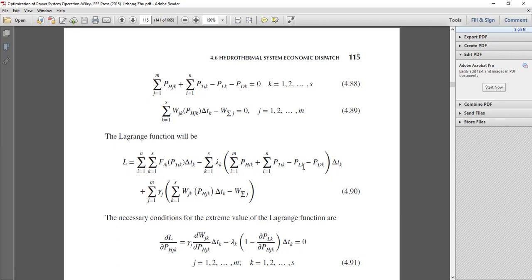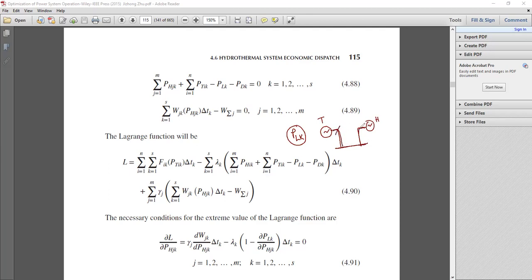And remember the PLk. This is one thing that I should mention here. PLk, remember, is the network loss. That means when your power is coming from the thermal units, this is, let's say, thermal, and this is, let's say, hydro, and this is your transmission network.